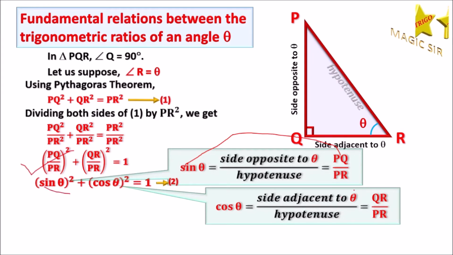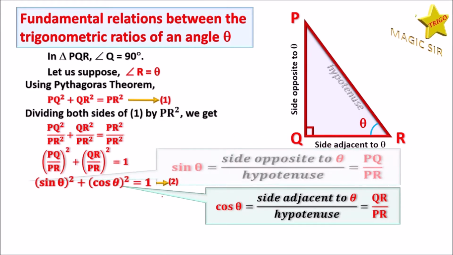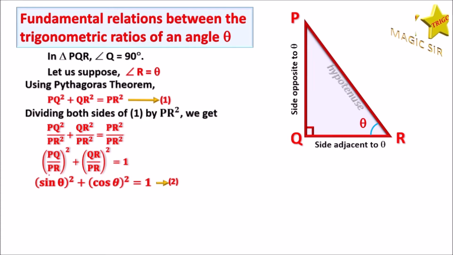Therefore, (sin theta) whole square plus (cos theta) whole square is equal to 1. This is our second equation.